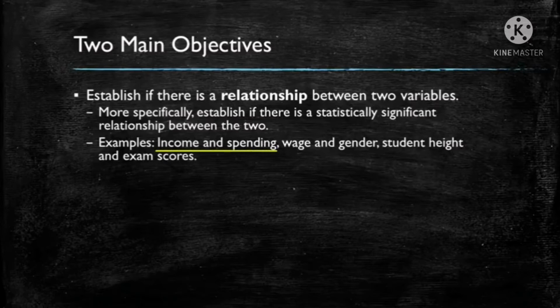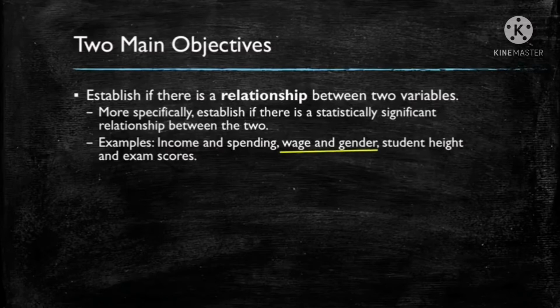On average, we expect that people or families that earn higher income will generally spend more on a given product. In this case, we're talking about a positive relationship between income and spending. We could also analyze and test if there's a relationship between wage and gender.